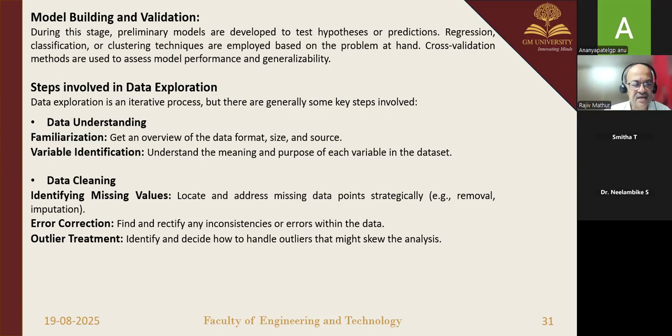Then data cleaning, identifying the missing values, locate and address missing data points strategically, removal, imputation, and we have studied all this before. Error correction, find and rectify any inconsistencies or errors within the data. Outlier treatment. All these techniques we have already discussed before in the previous modules.